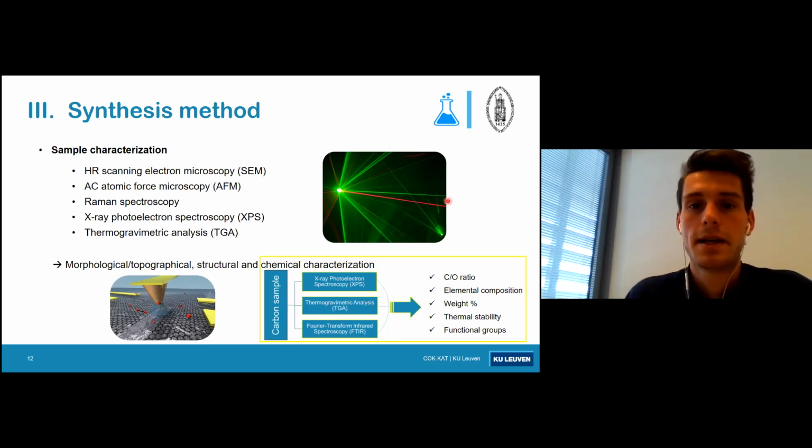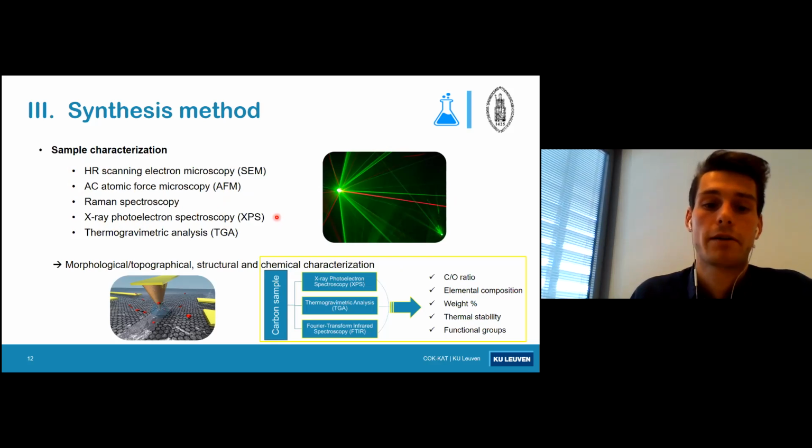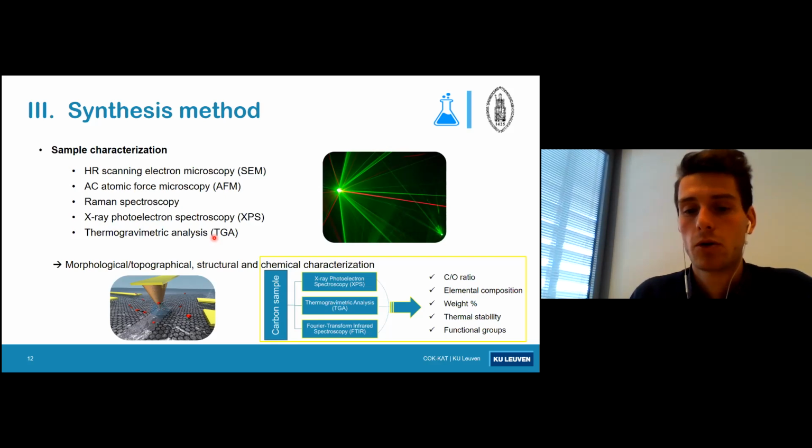This is of course always controlled or checked by characterization methods like high resolution scanning electron microscopy, also atomic force microscopy. AC means alternating contact or tapping mode. Raman spectroscopy is one of the most useful structural characterization methods, and you also have X-ray photoelectron spectroscopy and thermogravimetric analysis, which allows a more chemical analysis to know the chemical composition.